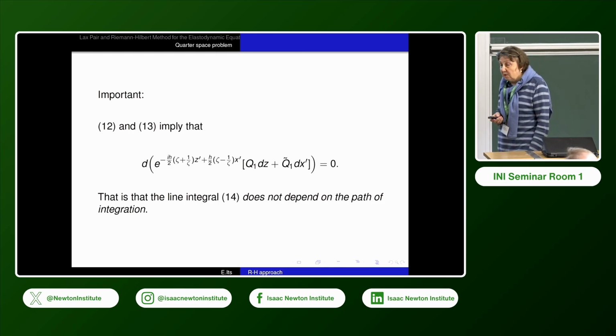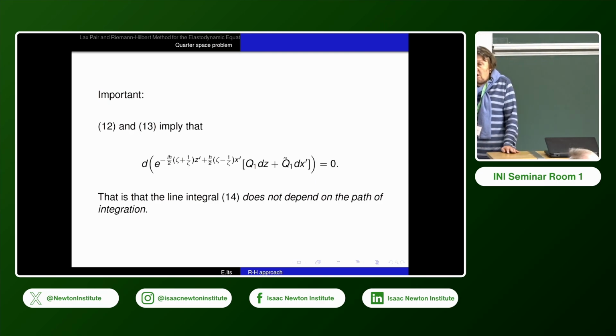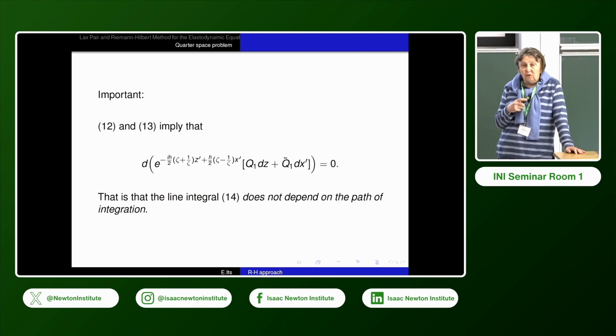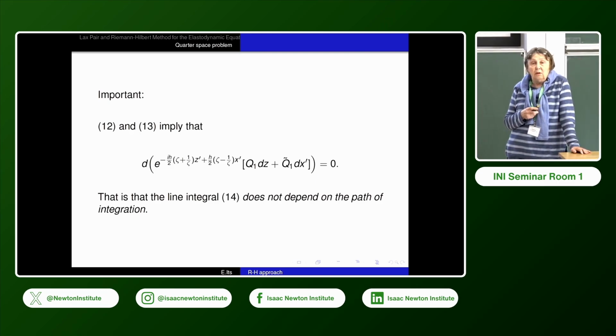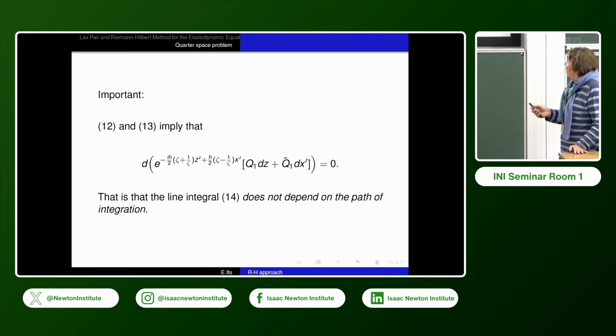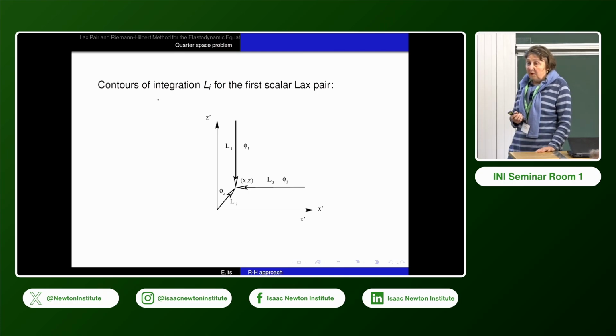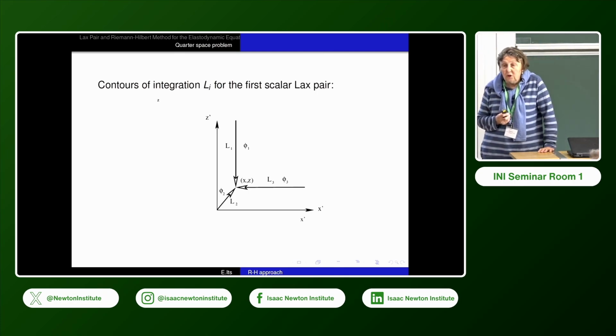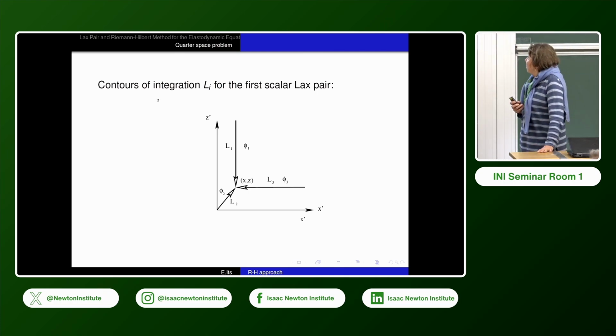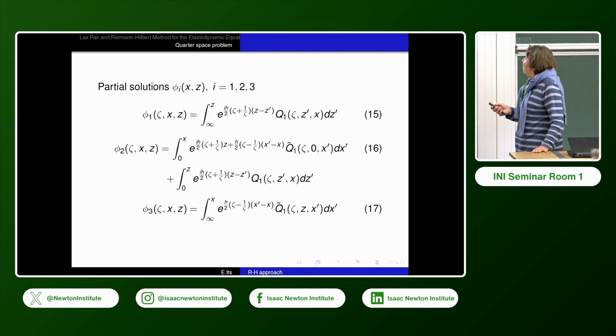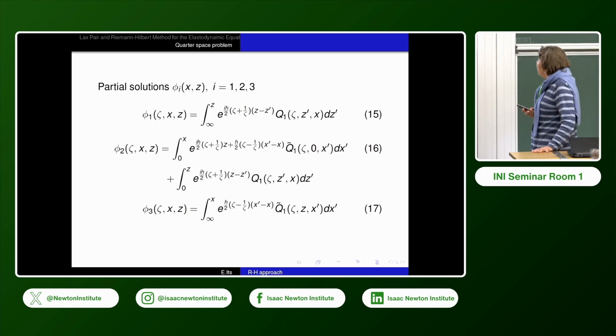So when we write the line integral, the result does not depend on path, and we use several possible paths of integration to write several particular solutions, which are given by these integrals.